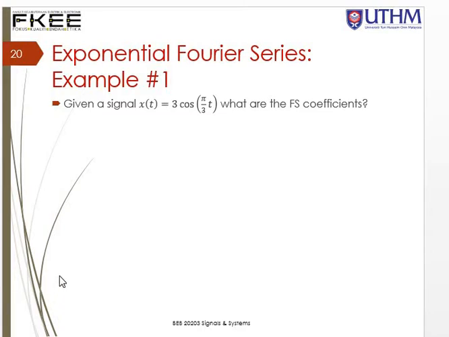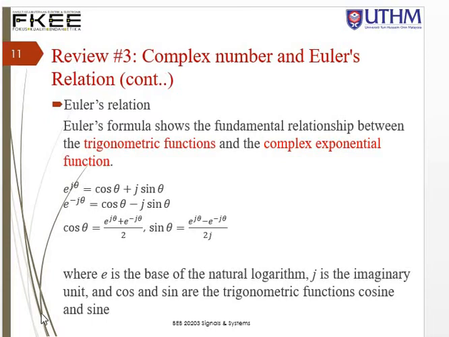Do you still remember the Euler formula for cos theta? Yes, that's right: cos theta equals exponent j theta plus exponent minus j theta, over 2. This is the Euler formula that you need to convert the cos into exponential functions.